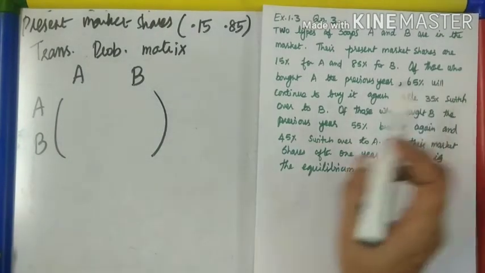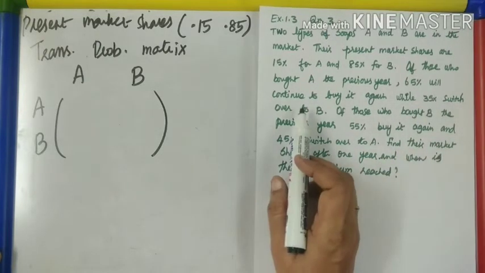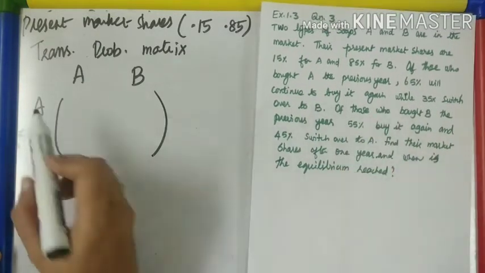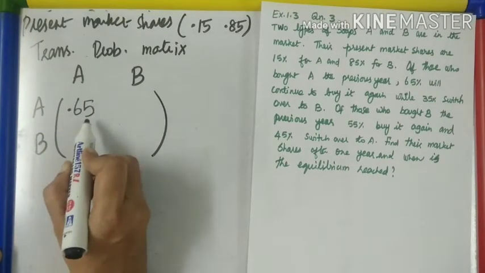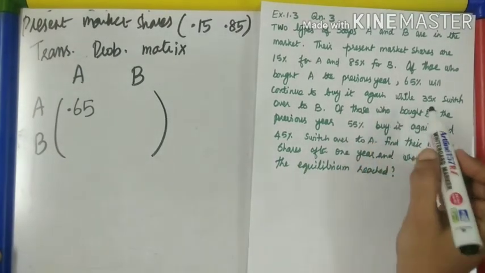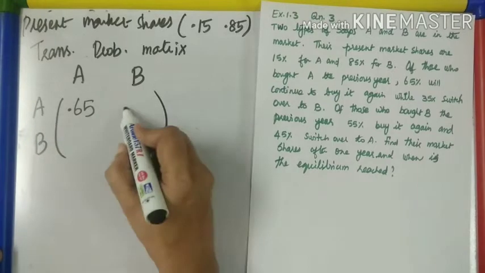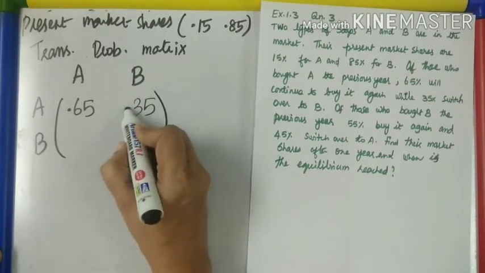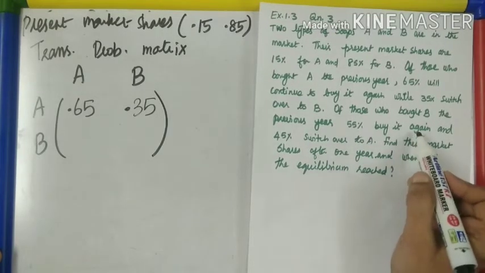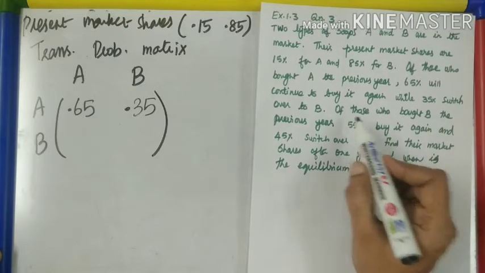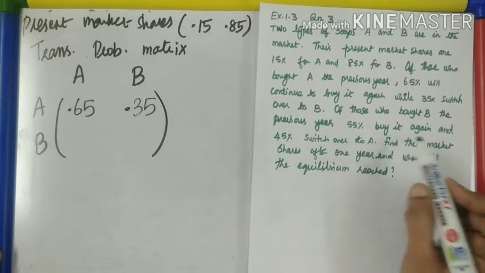Of those who bought A the previous year, 65% will continue to buy it again. So A to A, I will write 65%, which is 0.65, while 35% switch over to B. So A to B is 35%. Next, for B: of those who bought B the previous year, 55% buy it again.